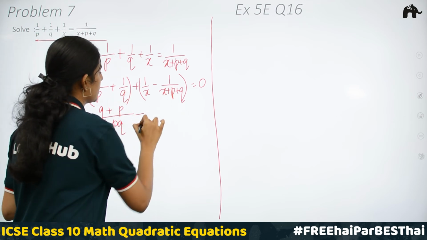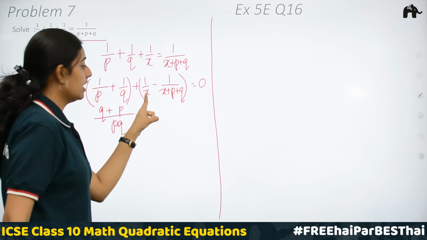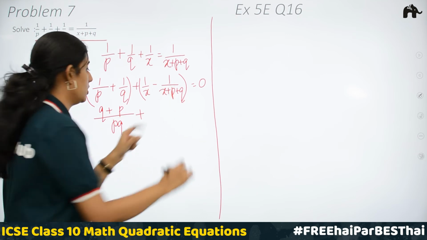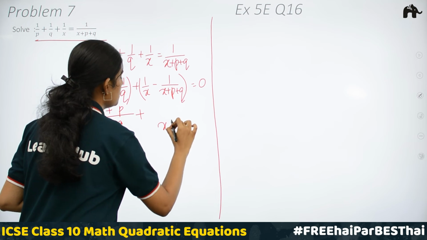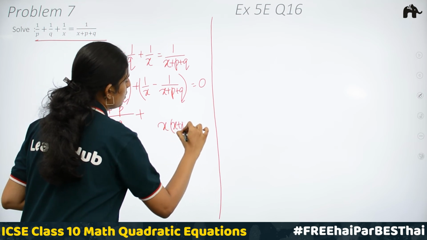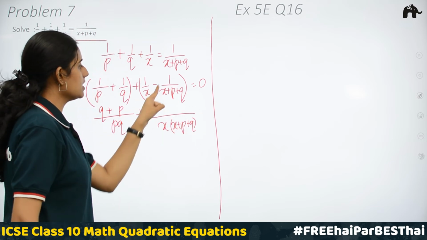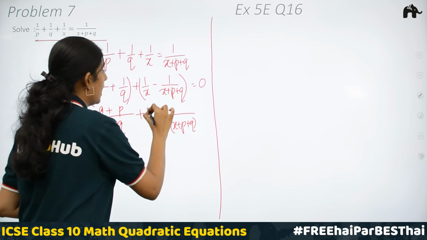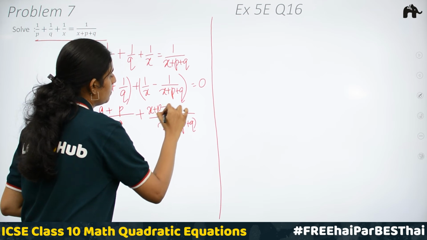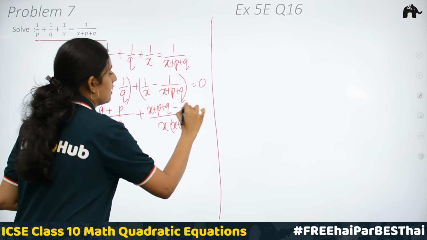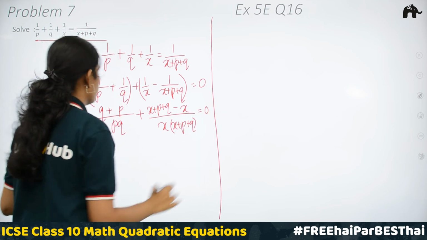Now the second part, what is LCM? Here we have x, here it is x plus p plus q. That is, in the denominator it becomes x into x plus p plus q. What about numerator? This term comes here, that is x plus p plus q minus 1 into x is equal to 0.